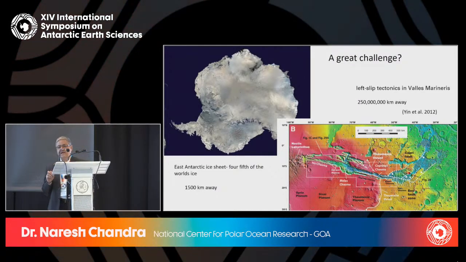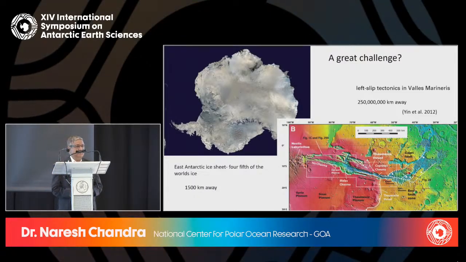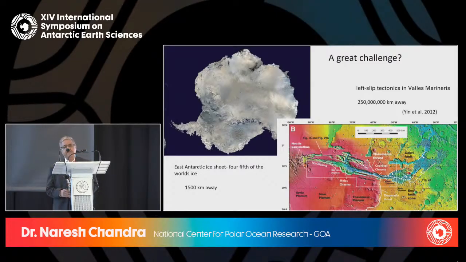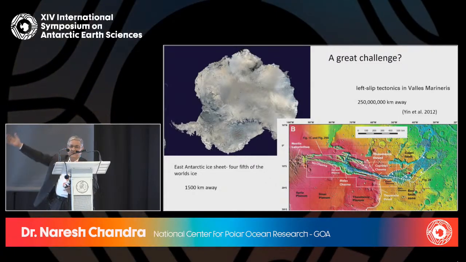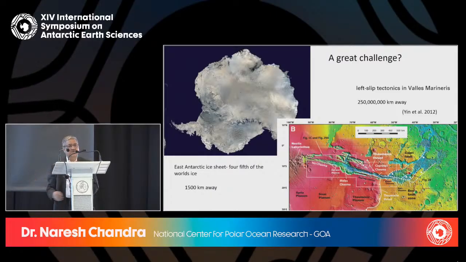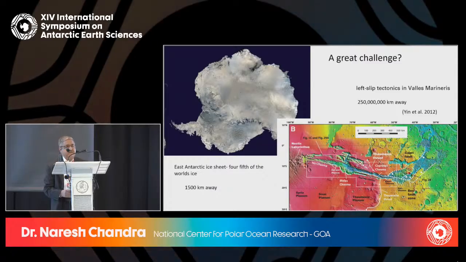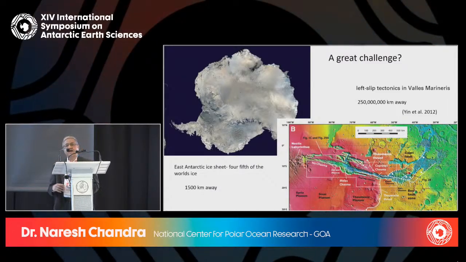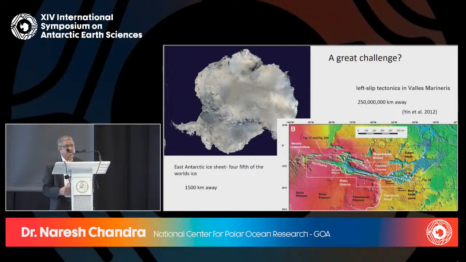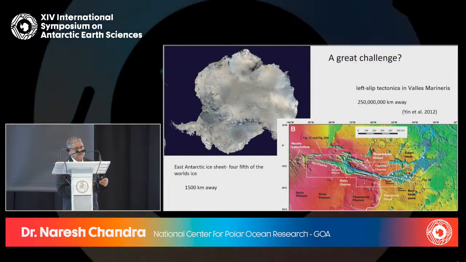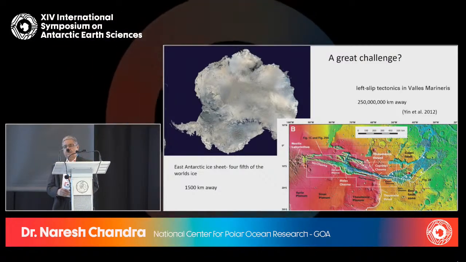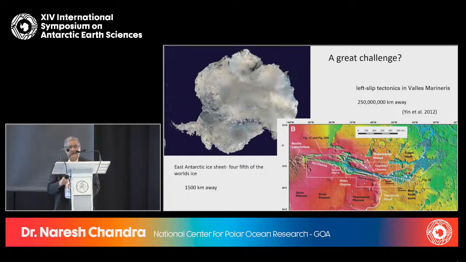relevant because when you look at the biggest trough system with definable faults in the solar system, which is a little distance away, compared to Antarctica, which is almost next door from this place, you see that the situation allows you to build some of the basic geological data, which is extremely relevant in context of the East Antarctic ice sheet.